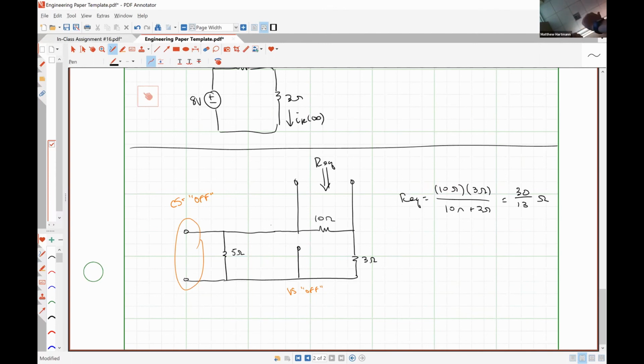So analyzing the circuit at t equals 0 minus, analyzing the circuit at t equals 0 plus, analyzing the circuit at t equals infinity, determining the time constant, and then evaluating the waveform at a particular time. So 10 of your 35 questions will be on transient analysis specifically.